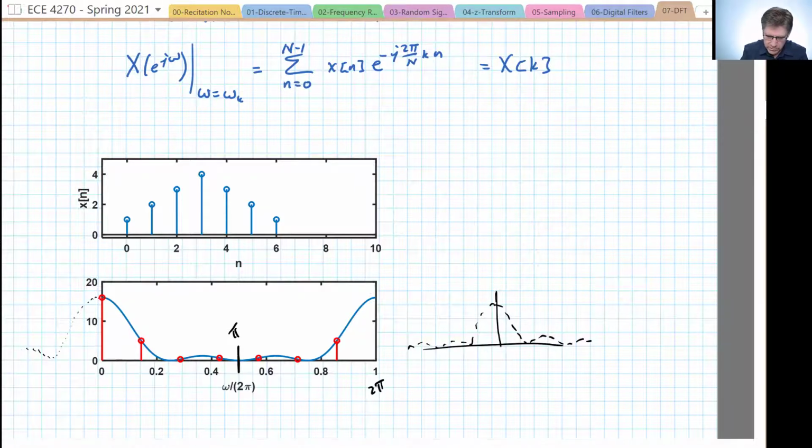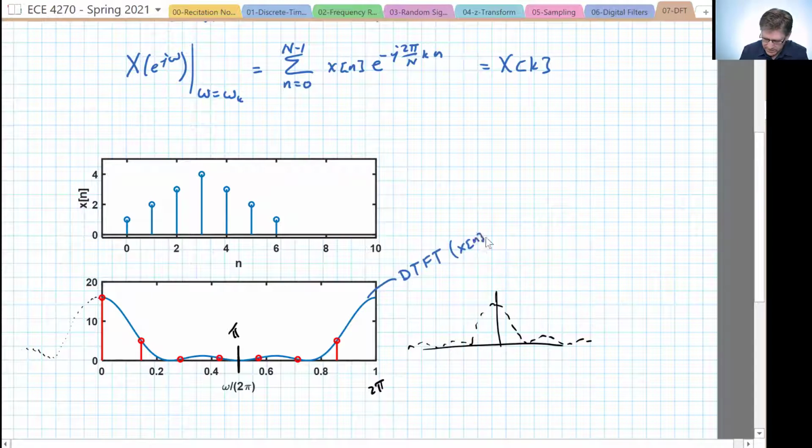I guess I should label some of these points. This is the DTFT of x of n. And this works, remember, because x of n is finite in length. Here's the DFT of x of n. And there we go.